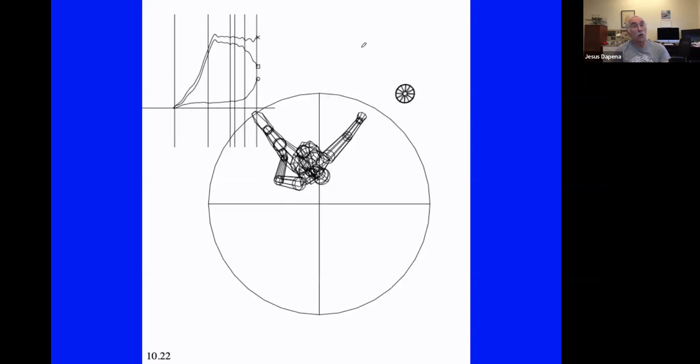Okay, so now we're going to look at the graphics. This graph here on the upper left shows angular momentum about the vertical axis, so it's the Z angular momentum. The top graph is the total angular momentum of the person plus the discus.